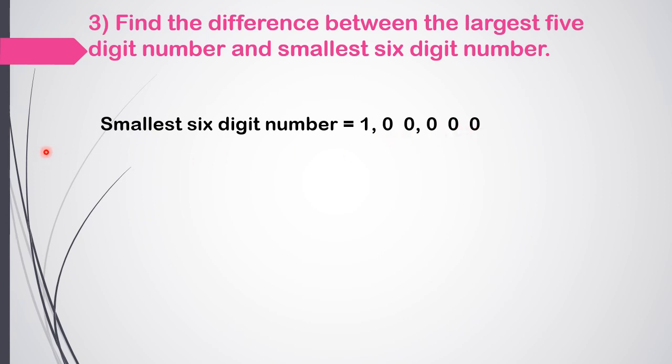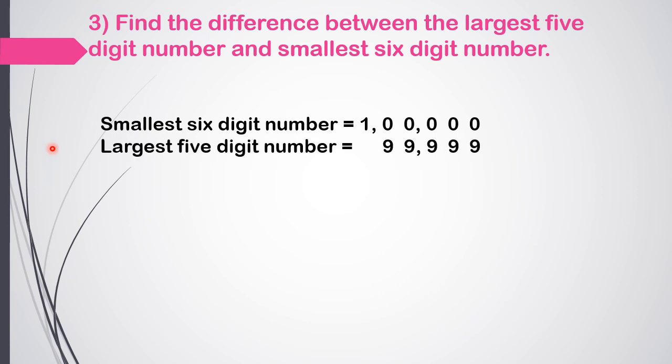Smallest 5-digit number means write 1, then the remaining 4 digits are 0. The same way, for the largest 5-digit number, all digits are 9. So 99,999. This is the largest 5-digit number. Largest 4-digit number means 9,999.